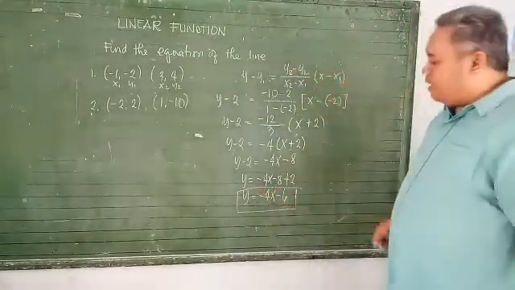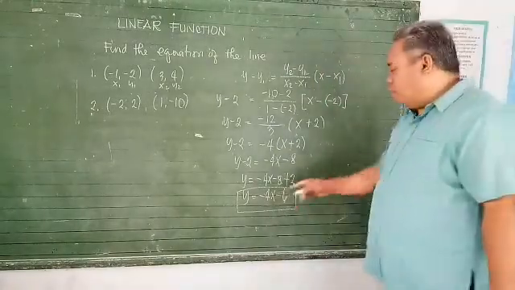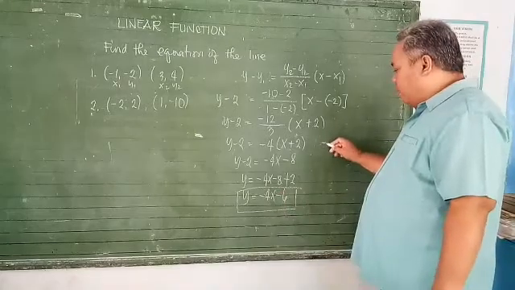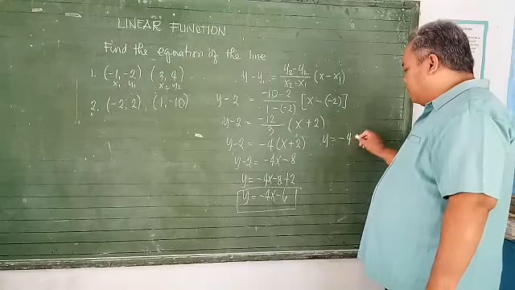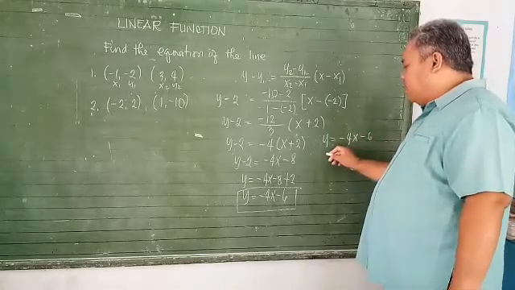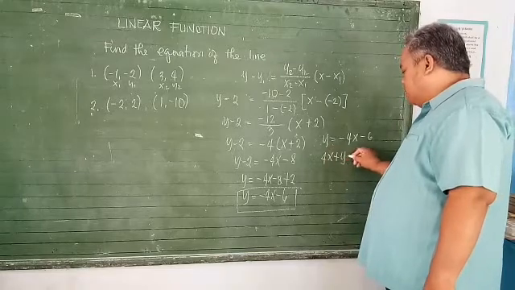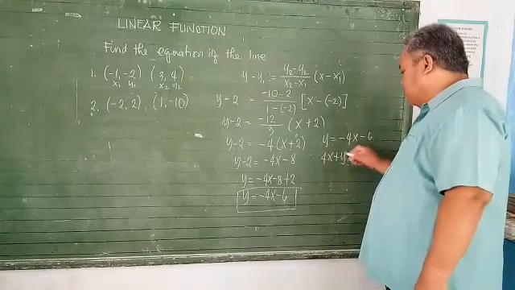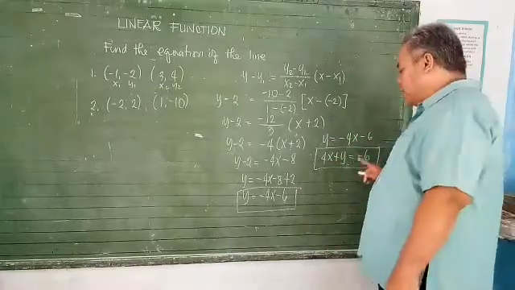But if you want to make it intercept form, you move the 4x to the other side. So y is equal to negative 4x minus 6 becomes 4x plus y is equal to negative 6. Almost the same. So this is the slope form and this is the intercept form.